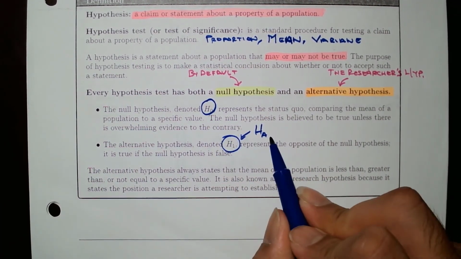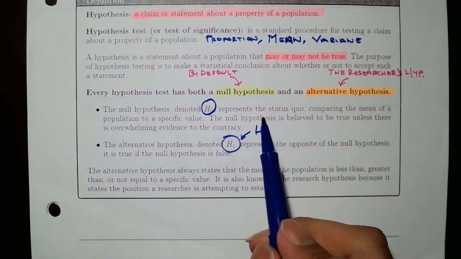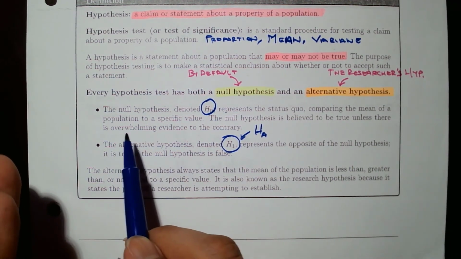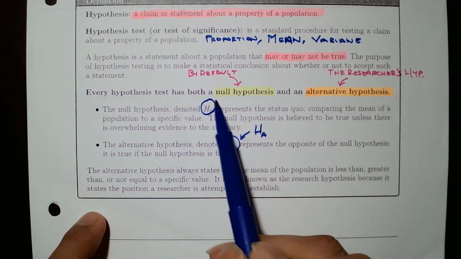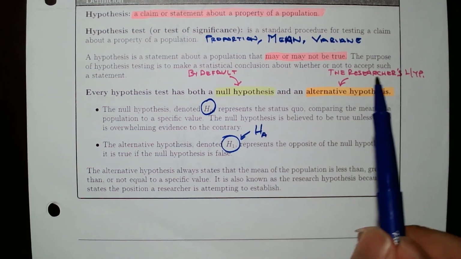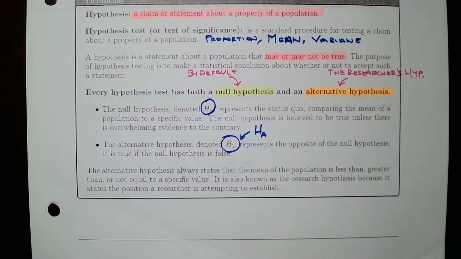The null hypothesis is the one that is believed to be true unless there is overwhelming evidence to the contrary. We have a criminal that is, by default, innocent unless proved otherwise with evidence. So that's what we are going to do.